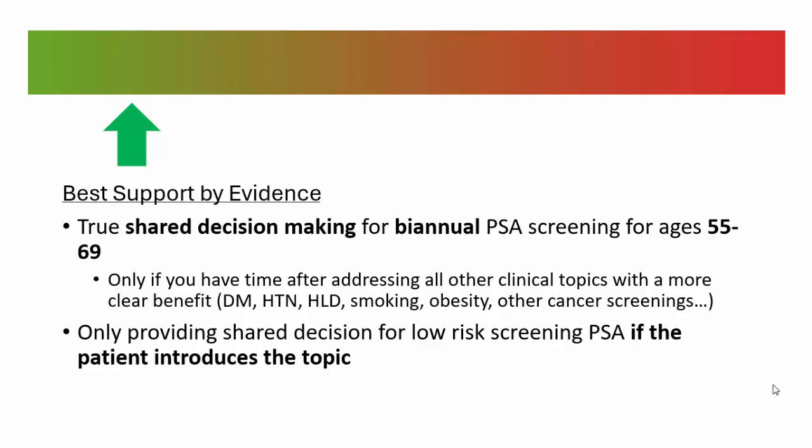I will screen patients for symptoms of prostate cancer. But if after that they appear to be low risk, the word PSA doesn't come out of my mouth. Now they may still bring it up, and then in that case I'll dive into my spiel with them about the risks and benefits of PSA. But I won't initiate the topic unless they do in some cases.